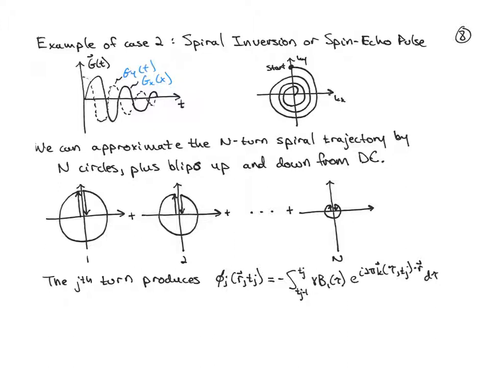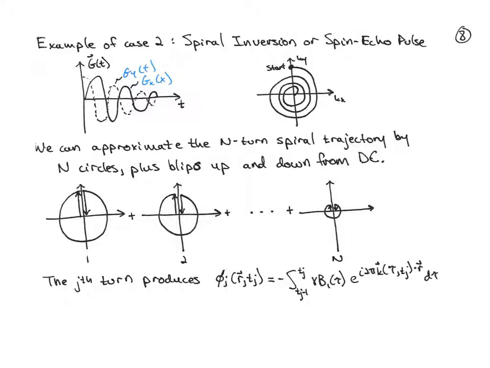It's a pretty cruddy drawing here, but in reality we can approximate an n-turn spiral trajectory as a series of n circles that are traced out in k-space one after the other, plus blips up and down from DC.